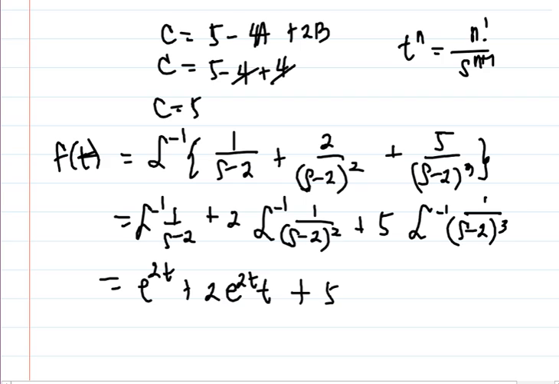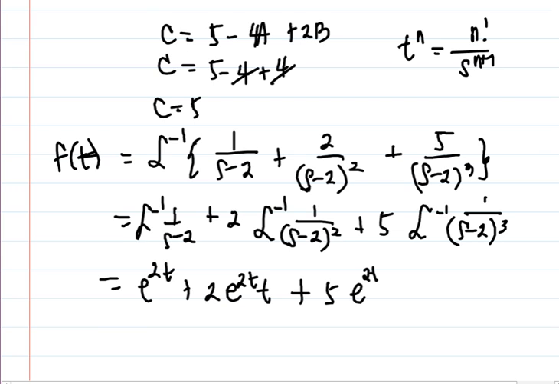Still the same, s minus 2, but we will have e raised to 2t. I mean, it is s cubed, but we have e raised to 2t for the first shifting. So we have here 5 times s cubed. Since it is cubed, n is 2.